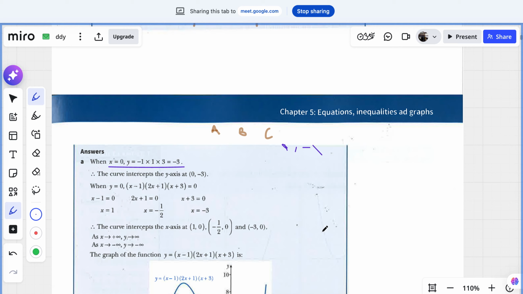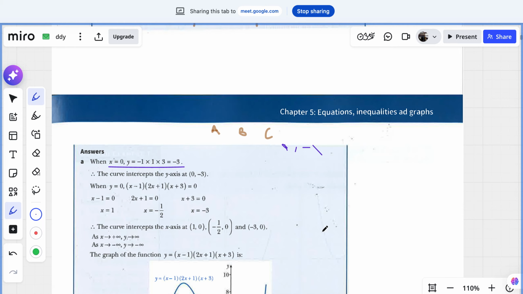So the coordinate will be (-half, 0), or -0.5. It's up to you, it's the same thing. Why? Because we said y is 0 for all 3 cases. We equate to 0, so the value of y will be 0. This will be the coordinate of the second point on the x-axis, where the curve will pass through. We call this point B.